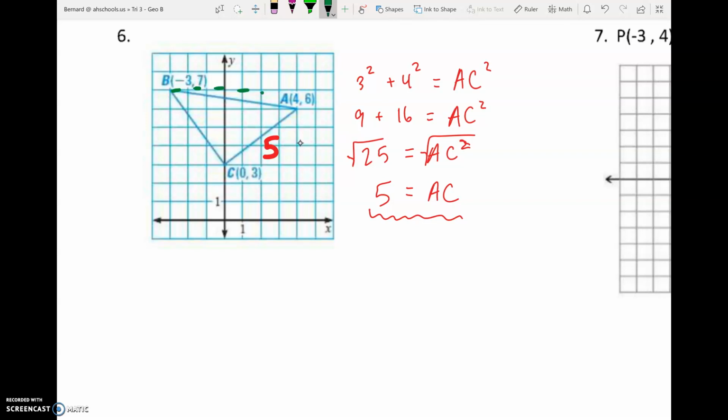So let's go from B to A. Here's my right triangle with this side that we want as being C. And so this side over here is 1 unit big. The top side is 1, 2, 3, 4, 5, 6, 7 units.